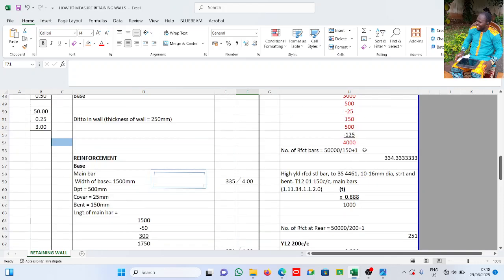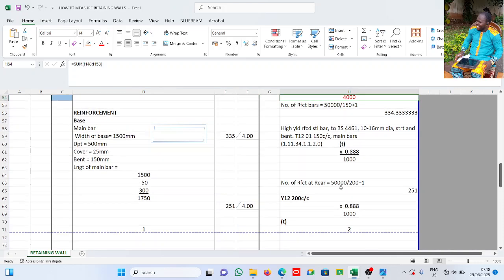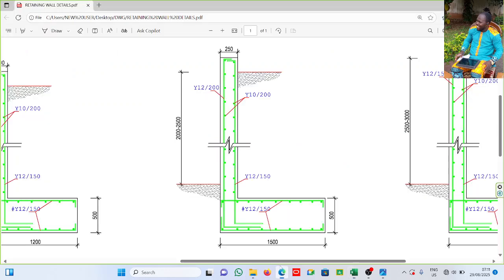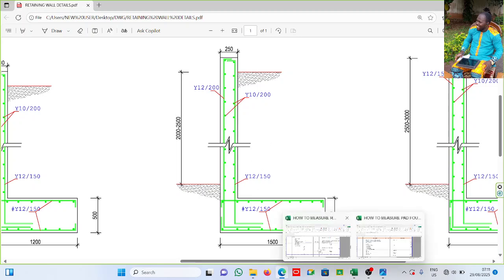Alright, we already calculated it. Right, by 251. The number of bars at the back is actually less than the one you have at the front. That is the peculiarity of this particular design. That's why I use it anyway. Alright, unlike others, you see this is Y12, this is Y12, or whatever is at the front is the same thing as what is at the back.